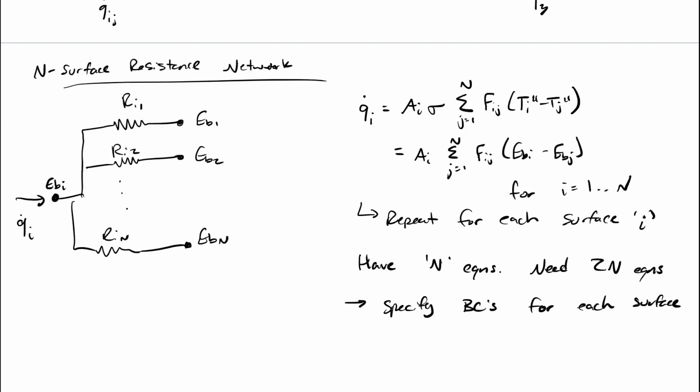You could equivalently specify a temperature and say my surface is at this temperature. Use temperature to compute black body emissive power, and that gives you another equation. So depending on the situation, you can be creative, or fit it as needed to your system of equations, but you do need to have N boundary conditions that you provide in addition to this energy balance for each surface.